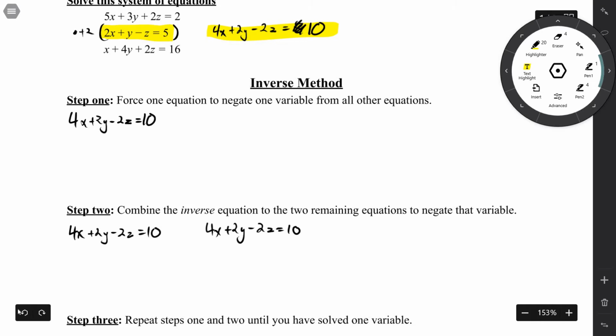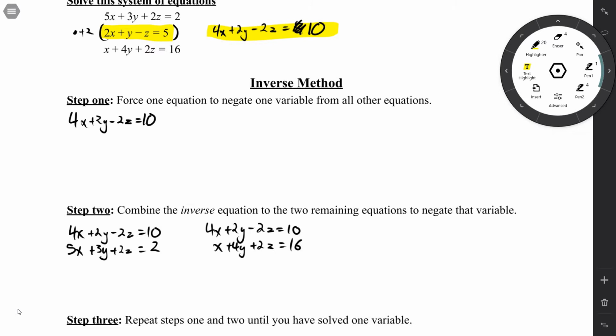Now I'll write in the other two equations. This one's 5x plus 3y plus 2z equals 2. The other one is x plus 4y plus 2z equals 16. All right, we'll add everything down.